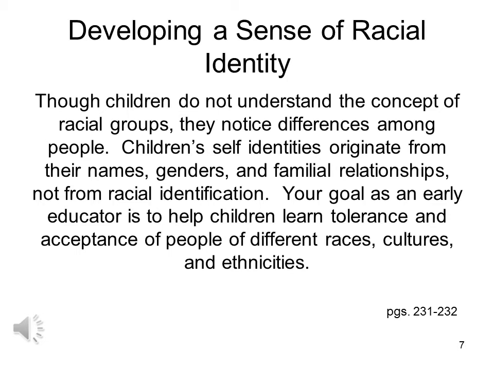Pages 231 and 232 talk about developing a sense of racial identity. And our role as an early childhood educator is to help children gain tolerance and acceptance of people from different races, cultures, or ethnicities. Children don't really understand the concept of racial groups, but they do notice differences among people.